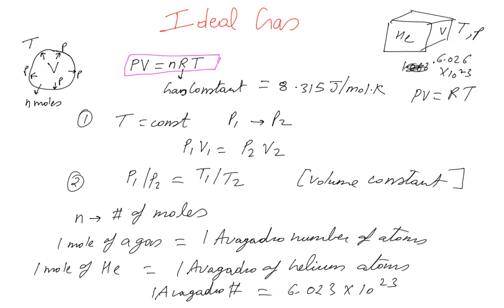Now, how do you really know that this is the number of atoms inside this? Well, there's no sure way of knowing that, but you can sort of approximate. This is what experimentalists have found, that 1 molar mass is a measure of Avogadro number.